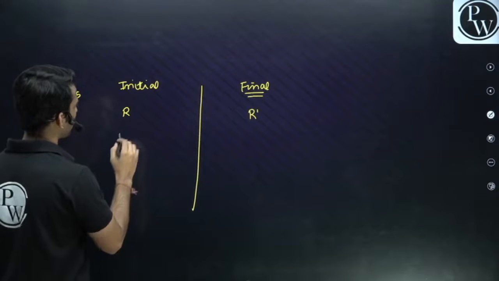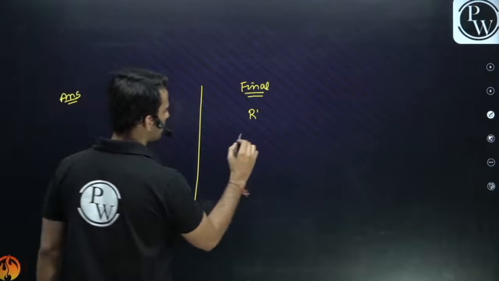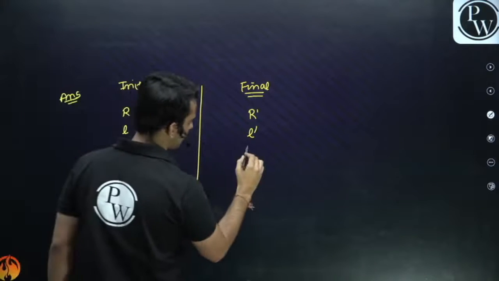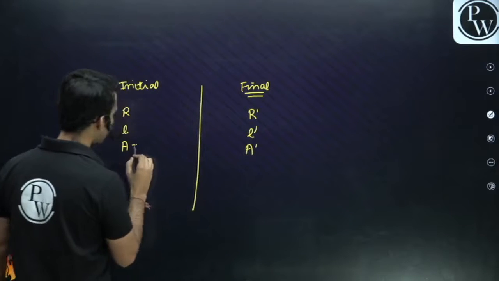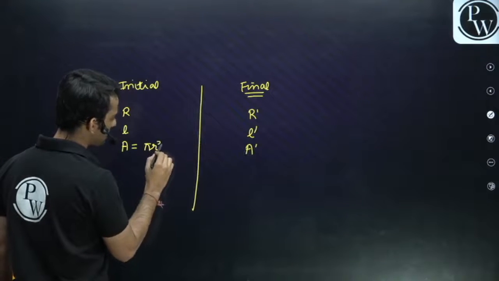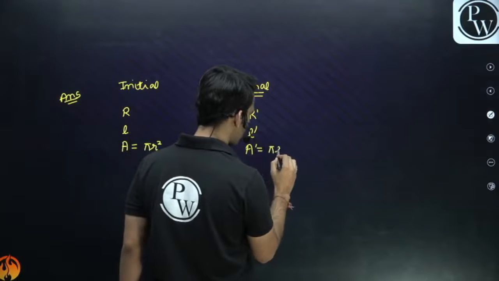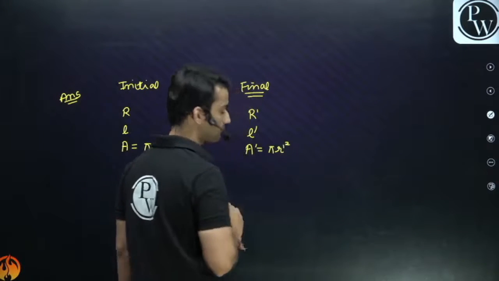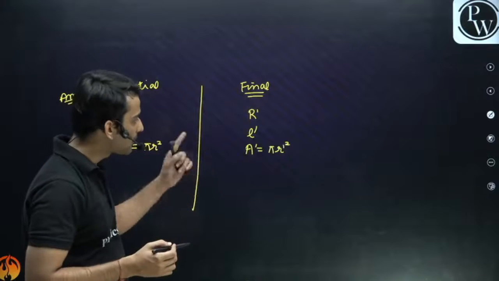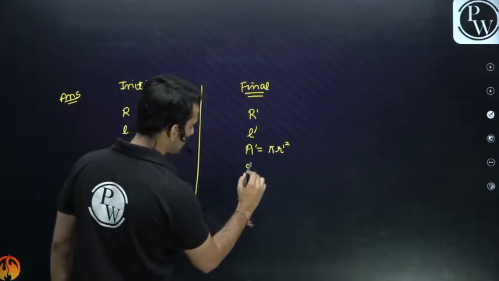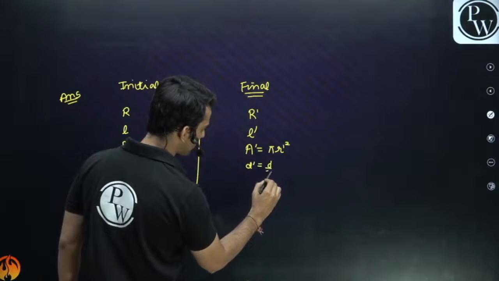Let's say length is L, here length is L dash, area is A, here area is A dash. What is area? It is pi r square. And here it is pi r dash square. If the diameter here is D, here diameter D dash will be D by 2.